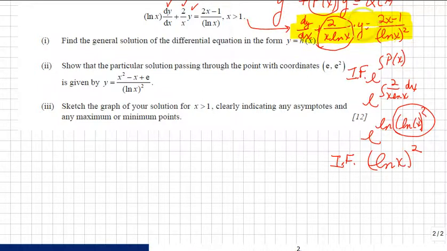That's the differential equation after I divided through by ln of x. And I'm going to multiply that yellow one by ln of x quantity squared, and I'll put it down here.